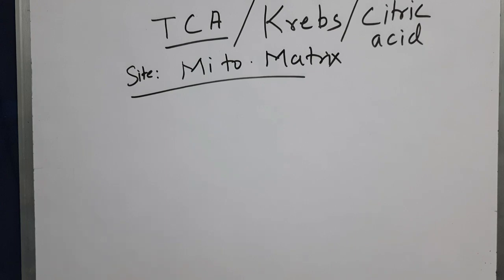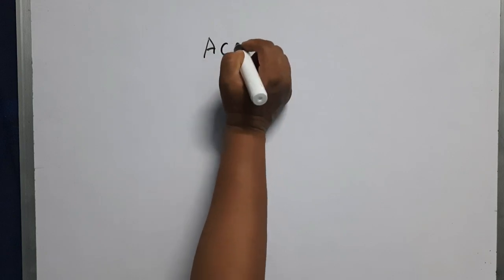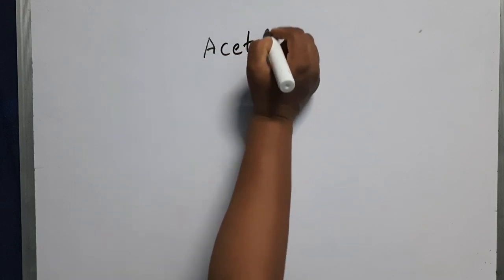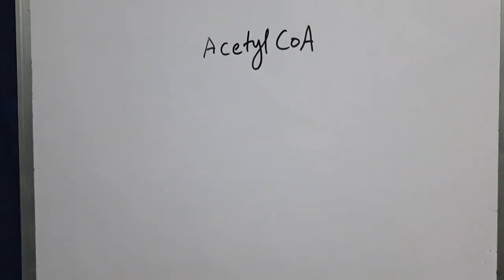So let us see how this TCA cycle takes place. For this TCA cycle we mainly require a common catabolite called acetyl-CoA. Acetyl-CoA comes from several sources.